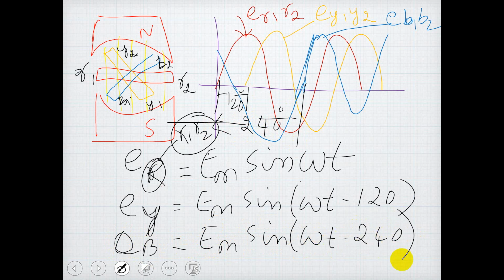So these are the three voltage equations of EMF induced in a three-phase system. So this is how the EMF is generated when you rotate a conductor in a magnetic field. Okay, so now we shall move on to the next topic, that is the star connected system.